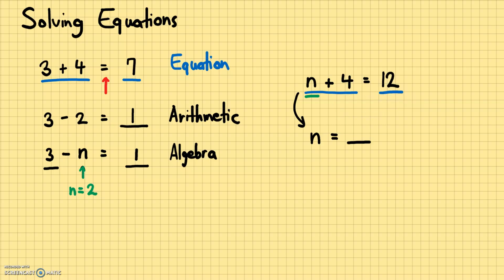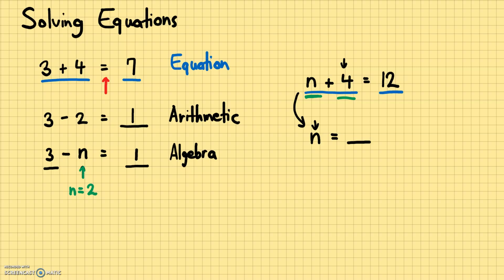Structured ways are helpful because for harder questions, you can't really use your intuition to solve for the variable. The key here is that we need to get rid of this 4 so that only n is left.